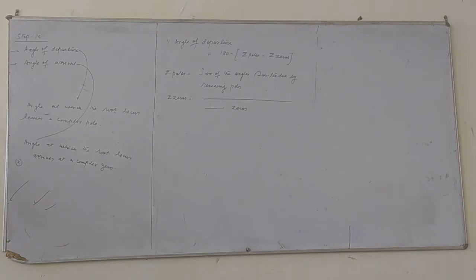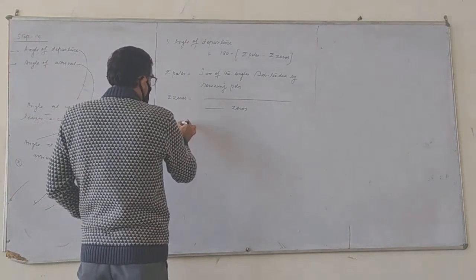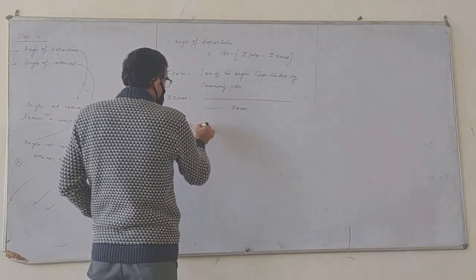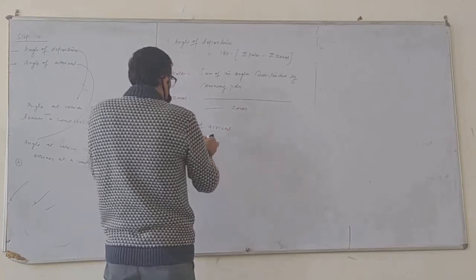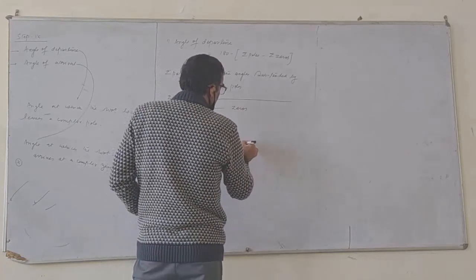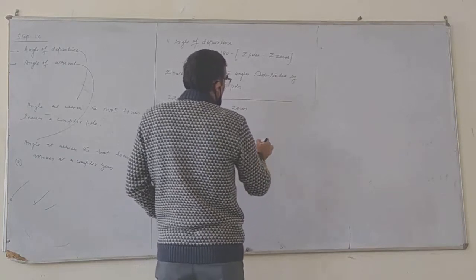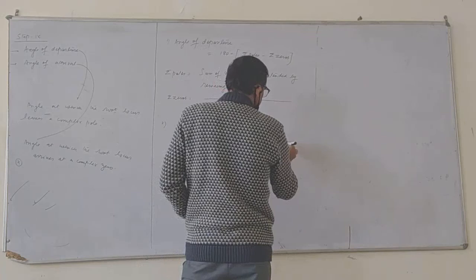Next is angle of arrival. Angle of arrival is what? Angle at which the root locus arrives at a complex zero. So how do we calculate the angle of arrival? Angle of arrival will be 180 minus sigma zeros minus sigma poles.